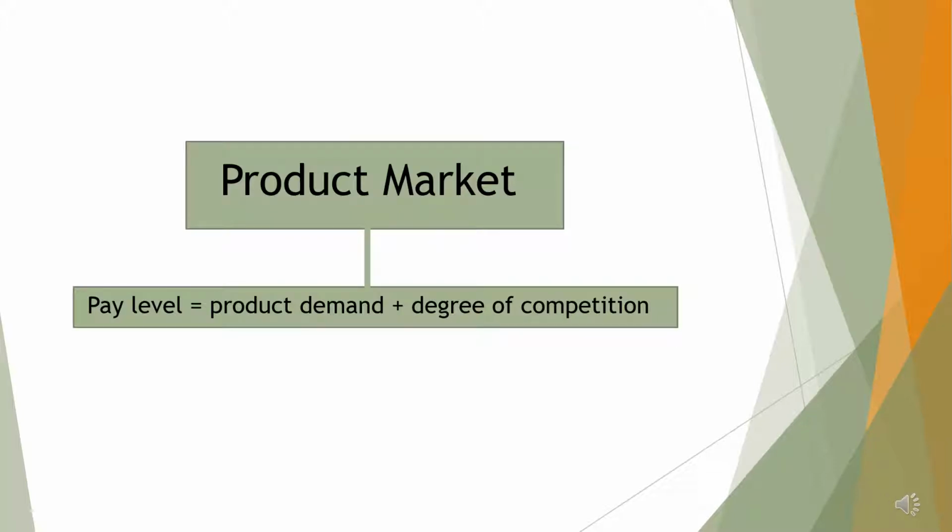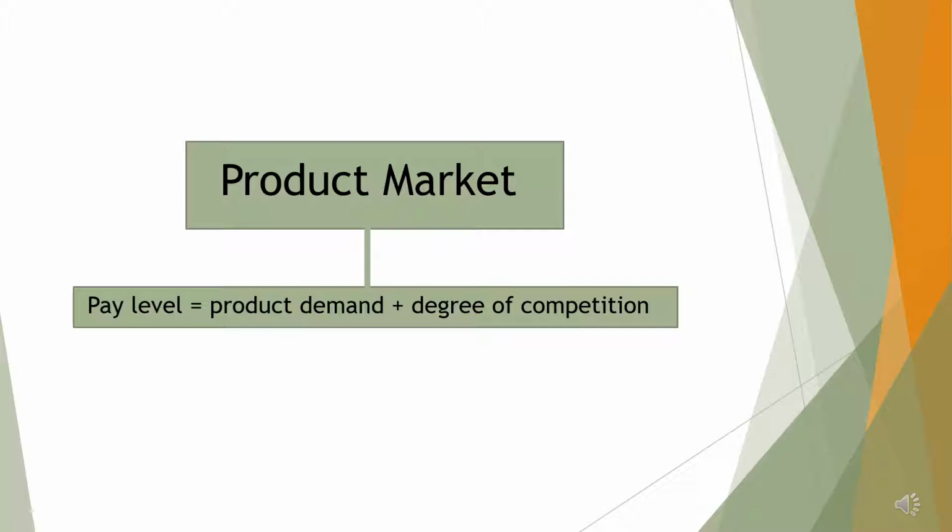In addition to the labor market, where we are competing for top talent to bring their best efforts to our organization, we're also competing in the product market, which has a direct relationship to the amount that we can pay, our pay levels.